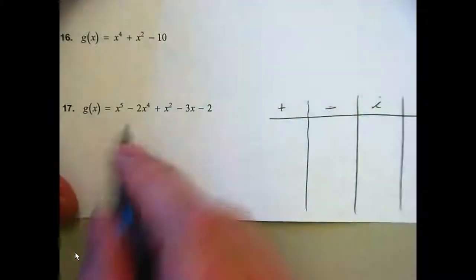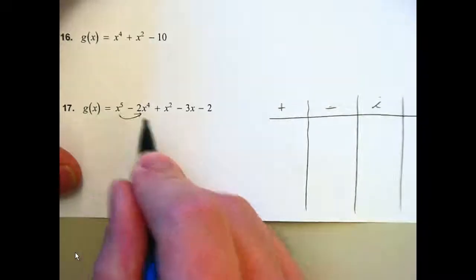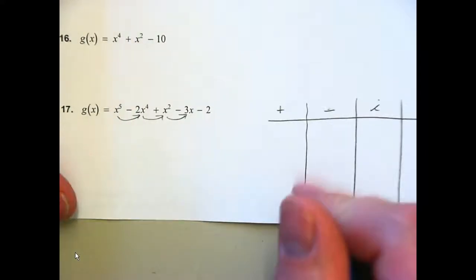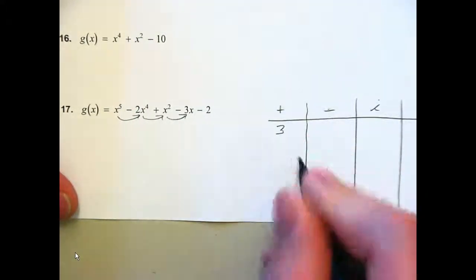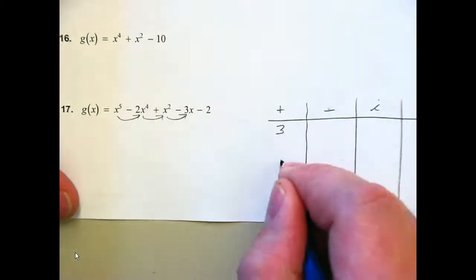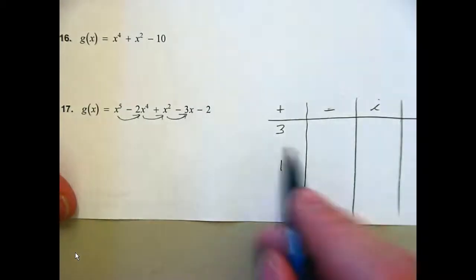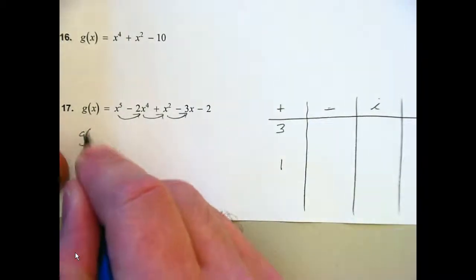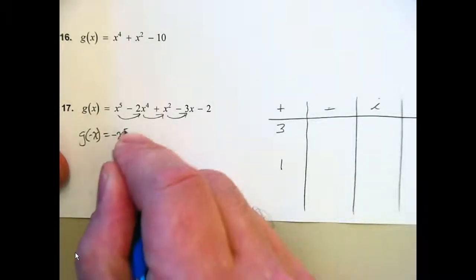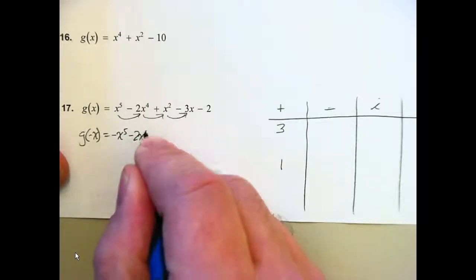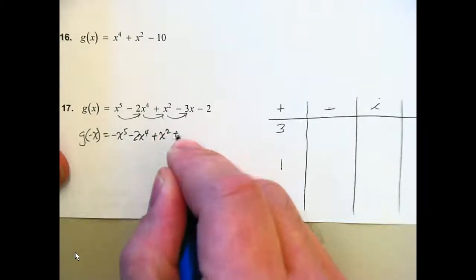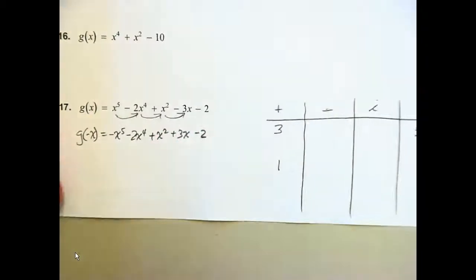So we have 5. So how many real positives? 3. Which means we also have an option of 1, right? You always have to decrease by an even. How many negative?